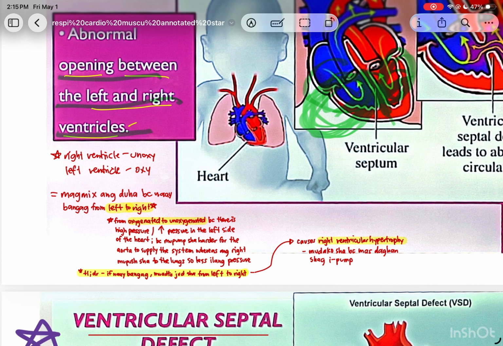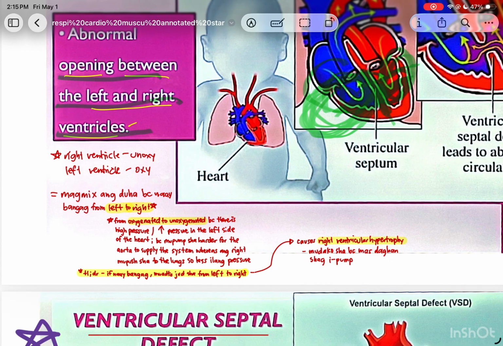Mag-mix right ventricle, we must remember nga kani right is unoxygenated, then kani ang sa oxygenated. Mag-mix ang duha because naay bangag ang left to right. Unsa may nakag-cause this sa bangag? I don't actually know. So, unsa mahitabo kung naay bangag?